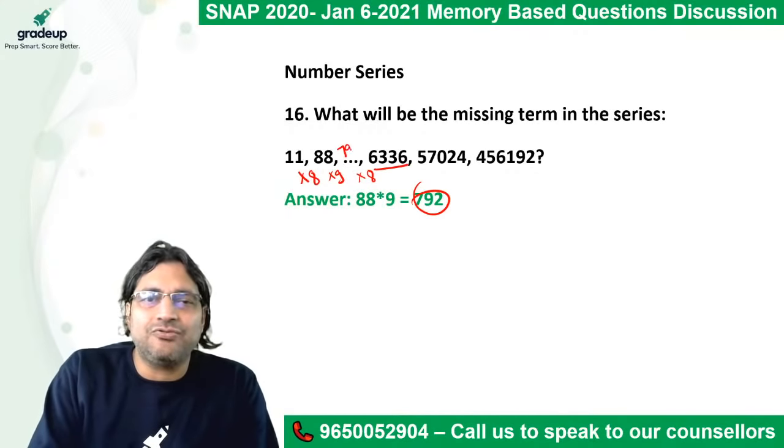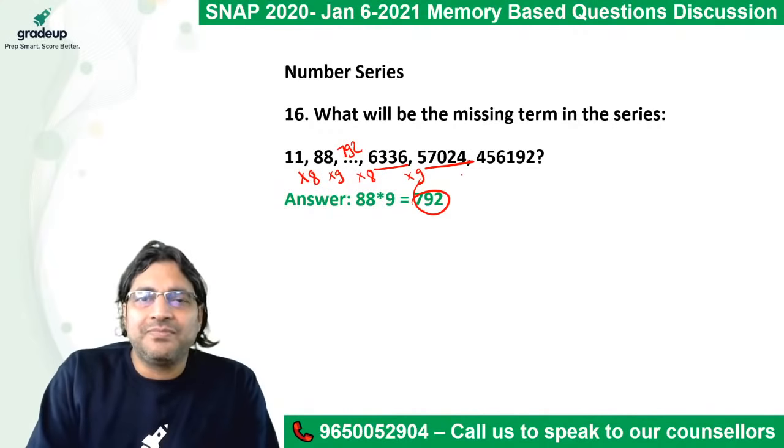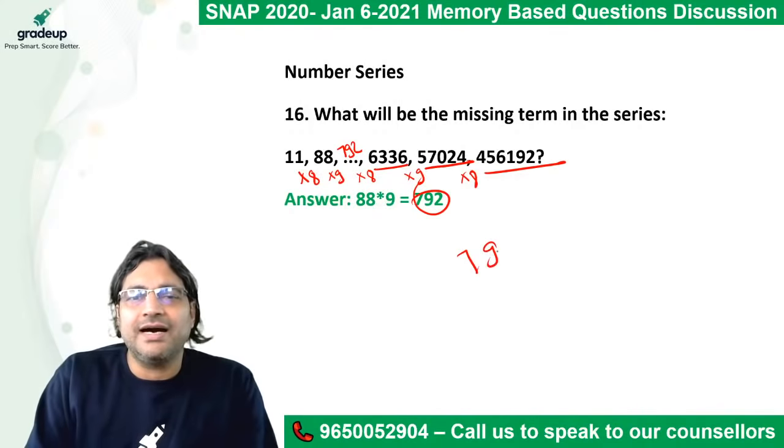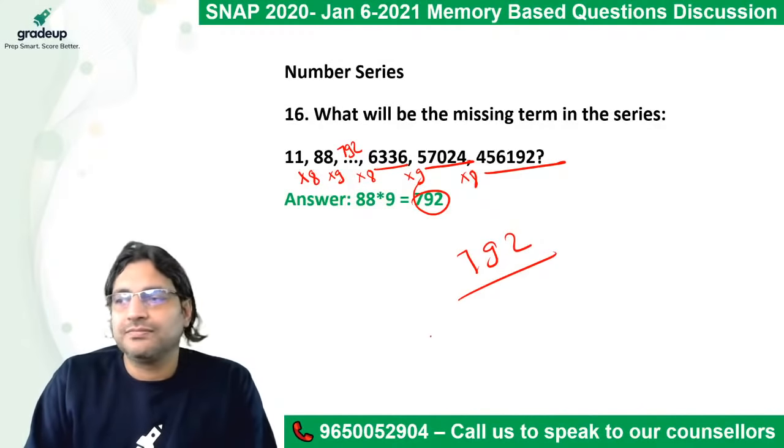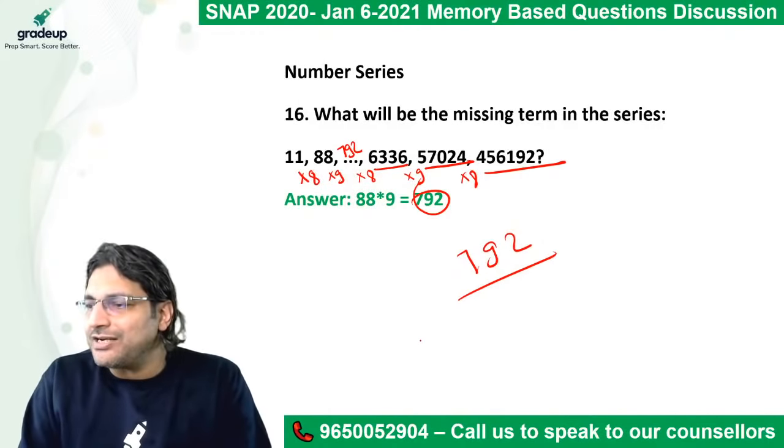Let's put 792 here. Okay, this into 9 is 57024. Again, this into 8 is this. So your answer is 792. That is it. All right. No, it's 792. Gaurav, it's not 704. Okay.